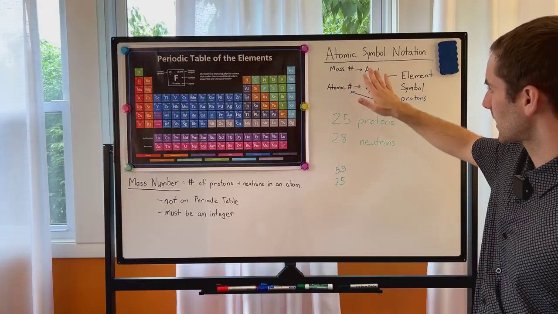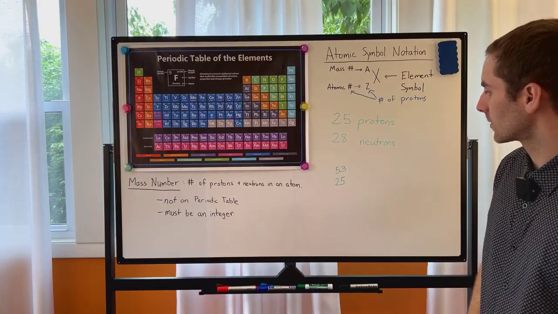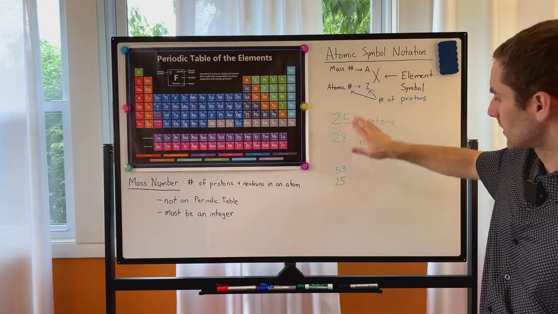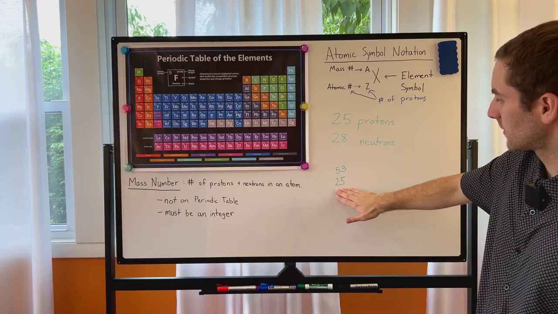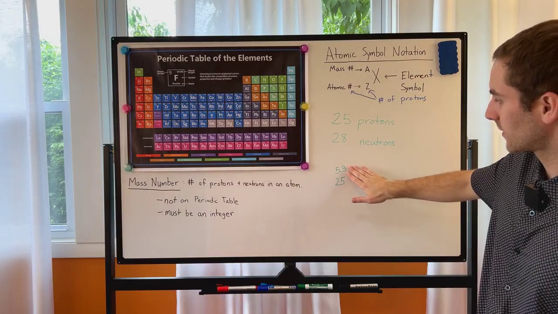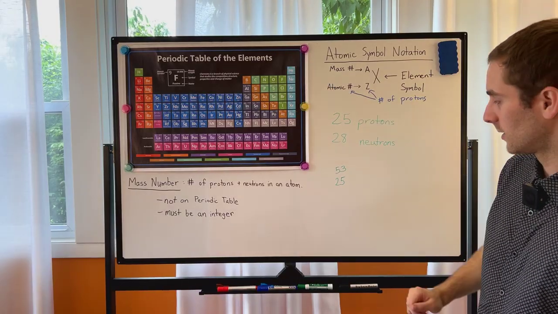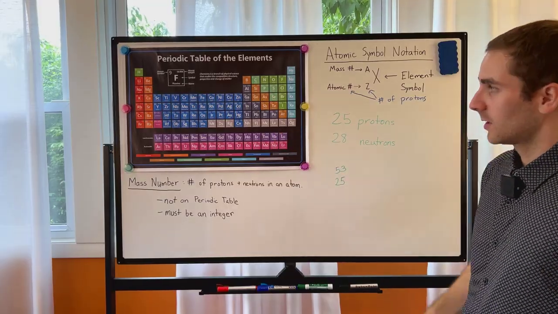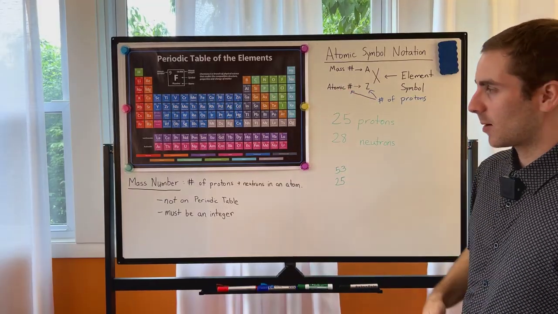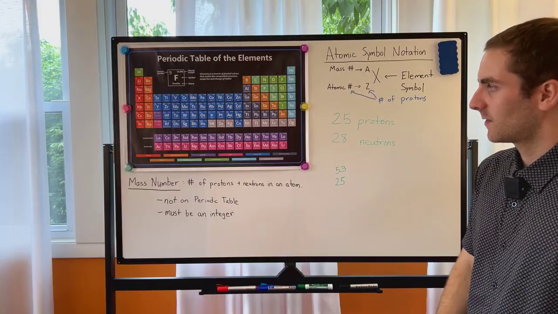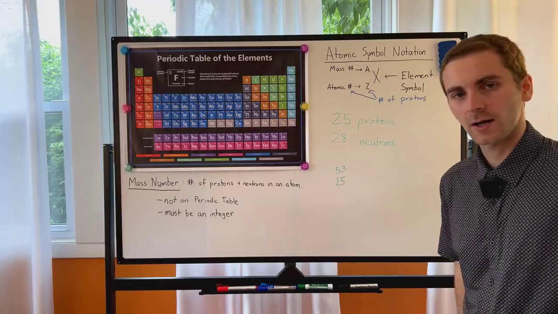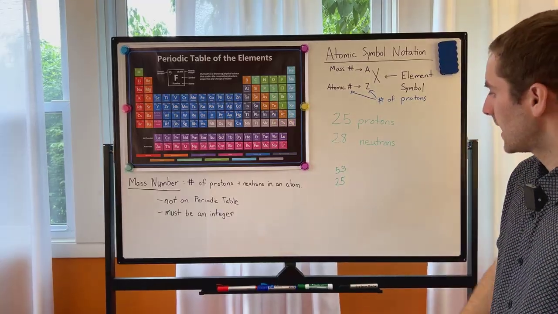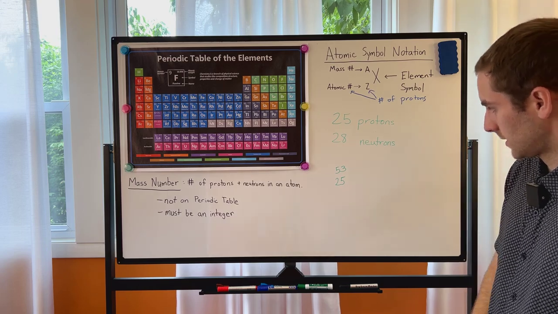This is a specific type of notation. In this notation, we write the atomic number in the bottom left and then the mass number in the top left. But on the normal periodic table, the mass number will not be on there, and the atomic number is usually written in the top left, but it can vary from one periodic table to another.